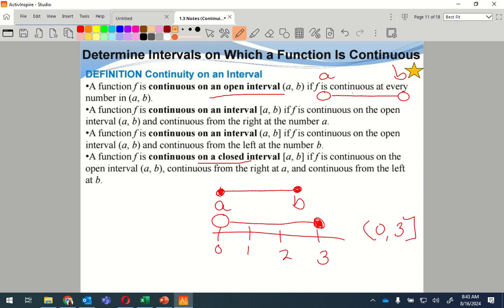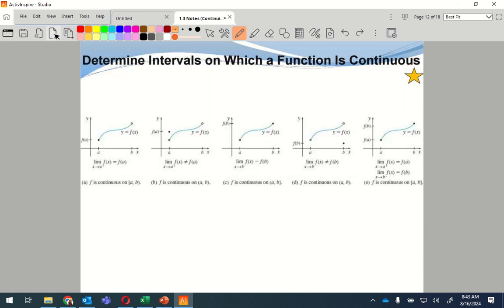Alright, here are the examples for this. This is my graph, and this one right here is (A, B), with both sides open. This next one is [A, B).